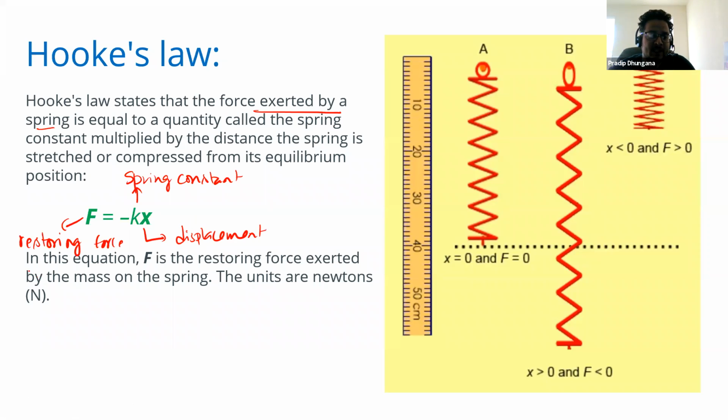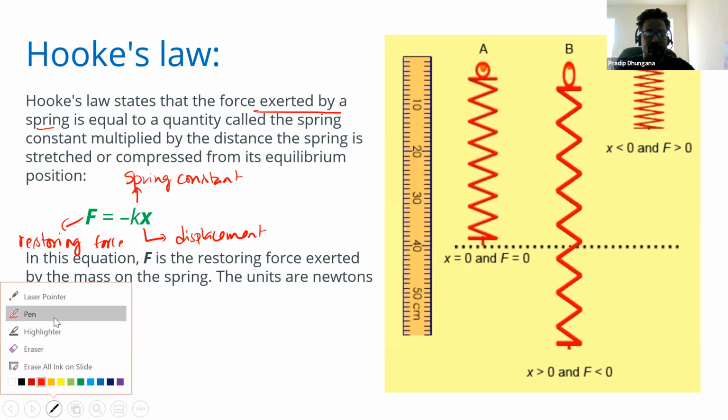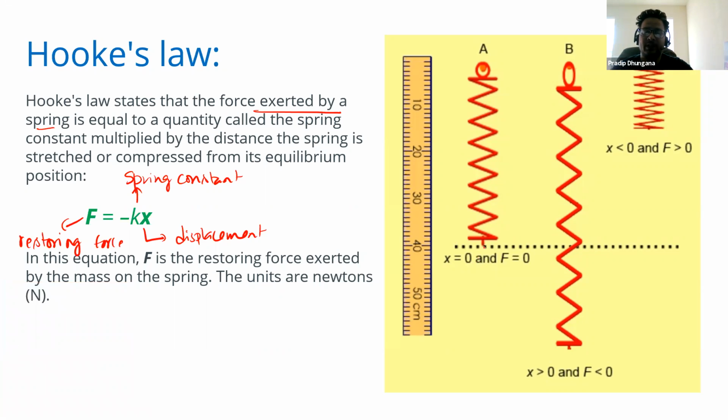And this negative sign is due to the fact that force and displacement always act in opposite directions. Okay? And then I'll explain through this diagram as well. In the beginning, when we do not apply any force, displacement is 0.